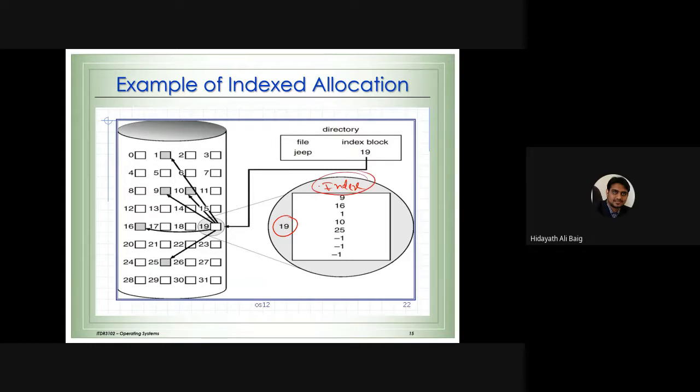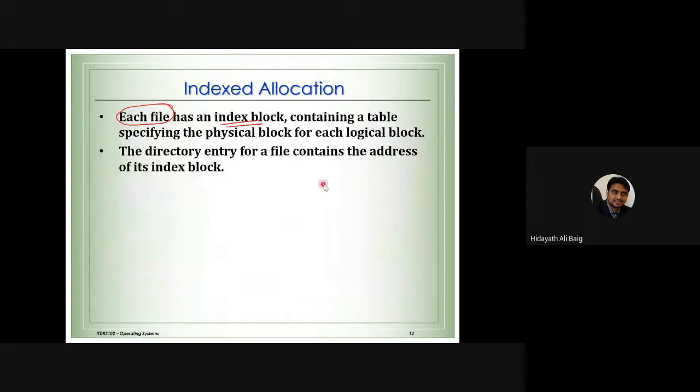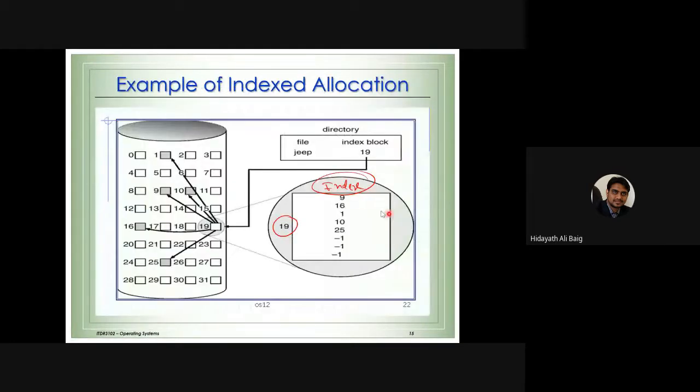So what will be there in the index block? The index block contains a table specifying the physical block for each logical block. Here you can see all the physical blocks for the file: block number 9, block number 16, block number 1, block number 10, block number 25, and -1 is the end of the file. Normally when we have -1, it is the end of the file. So this is what we have in the index block.